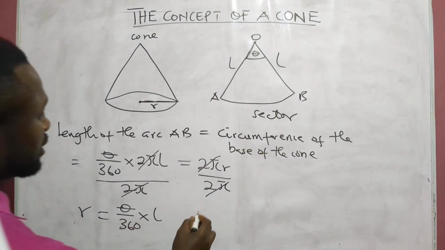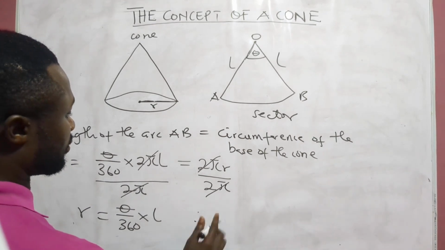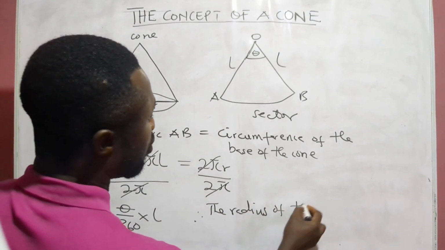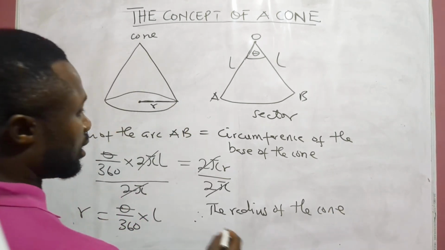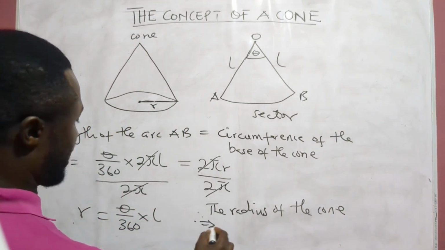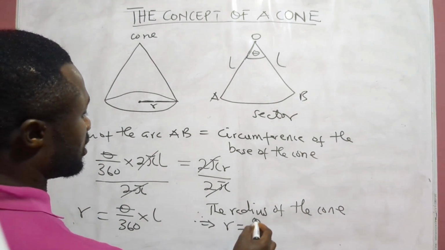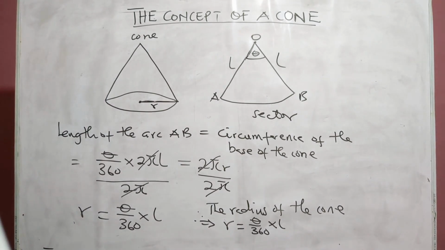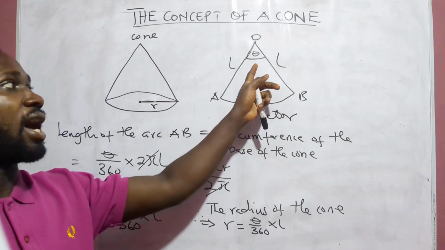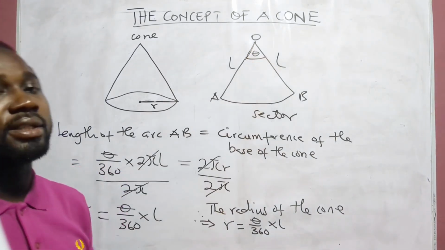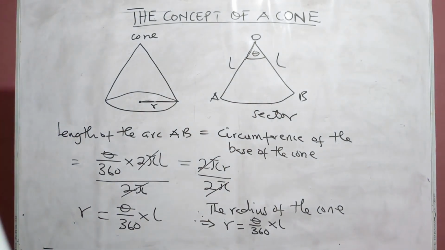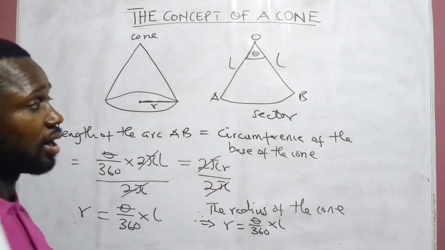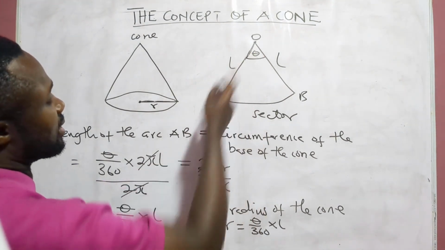So we can conclude that the radius of the cone, r, is equal to theta on 360 times the radius of the sector, where theta is the angle the sector subtends at the center of the circle.